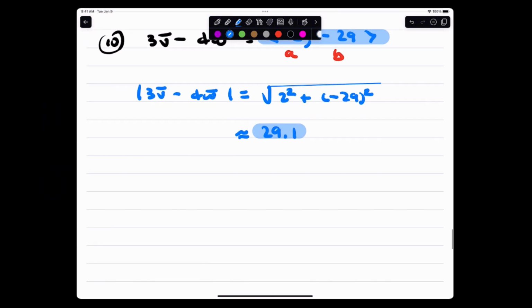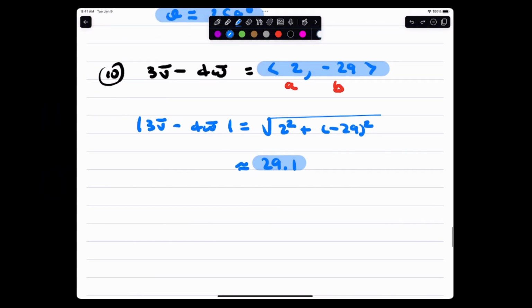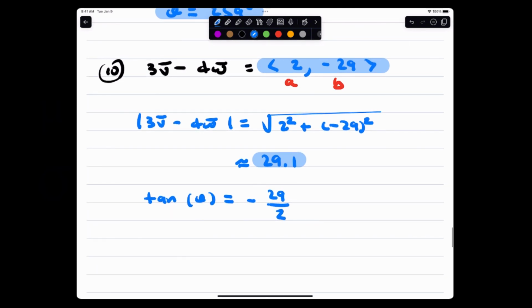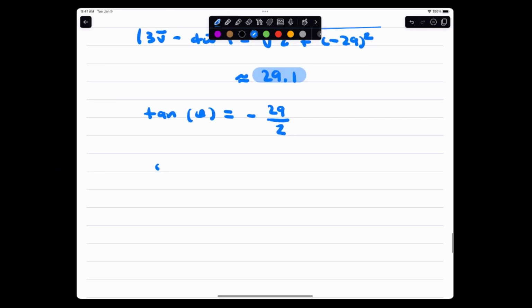And then you might say, what's the angle? And I say, uh-oh, we better sketch this. Before I do that, I could get the angle. Tangent theta, isn't that negative 29 divided by 2? Right? B over A? Which means my angle theta would be inverse tangent of negative 29 divided by 2.